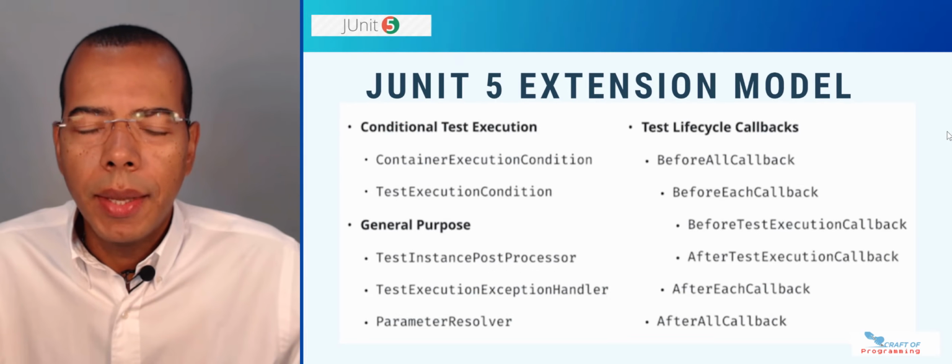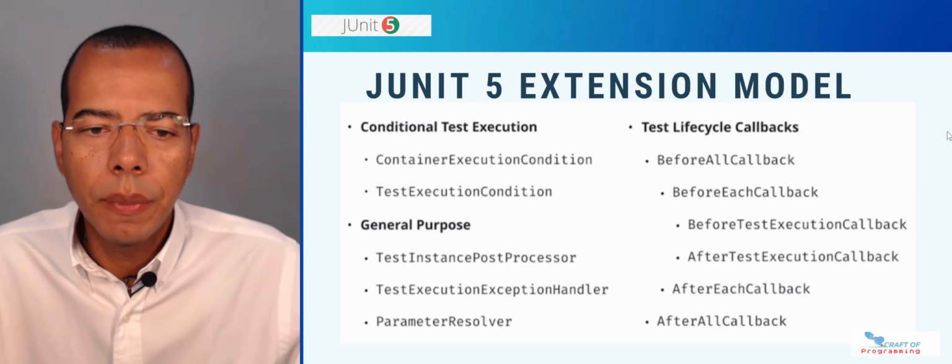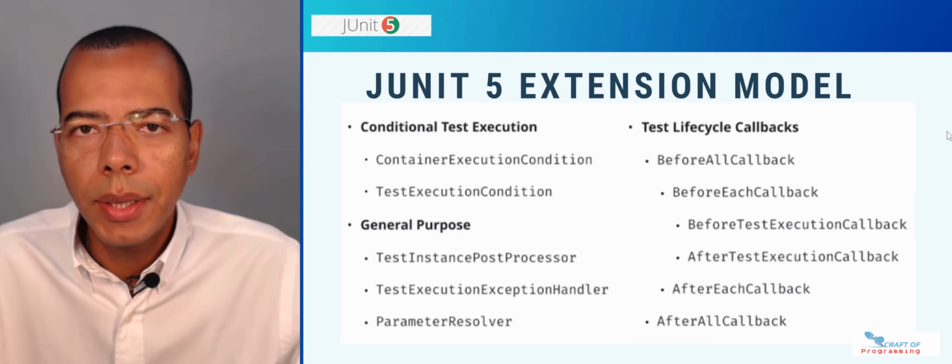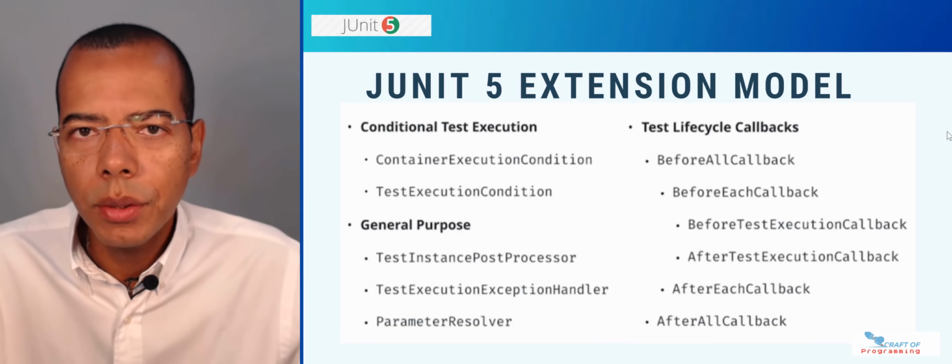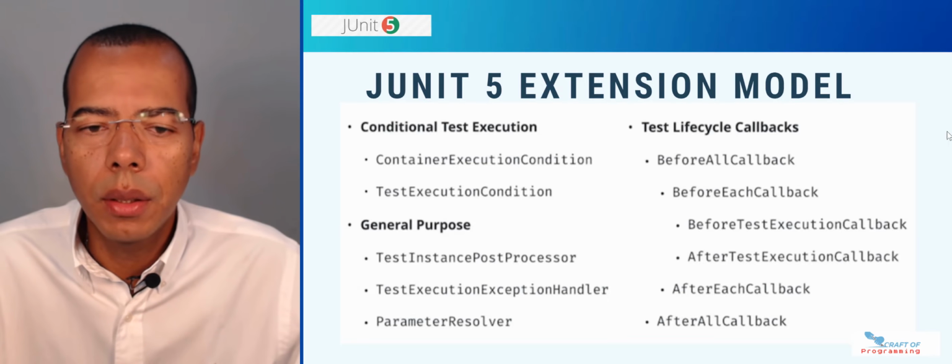So the extensibility model in JUnit 5 is basically comprised of these three categories. You have the conditional test execution, general purpose extension points, and extension points which are tied to the life cycle.